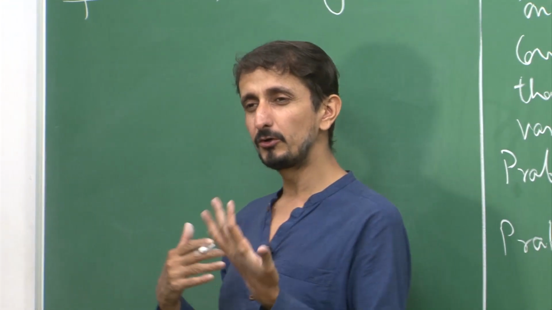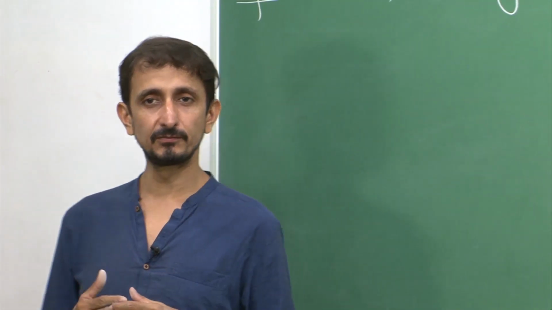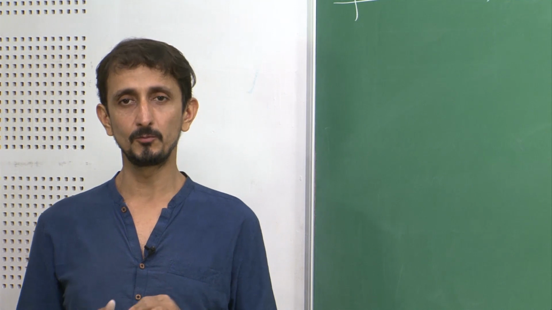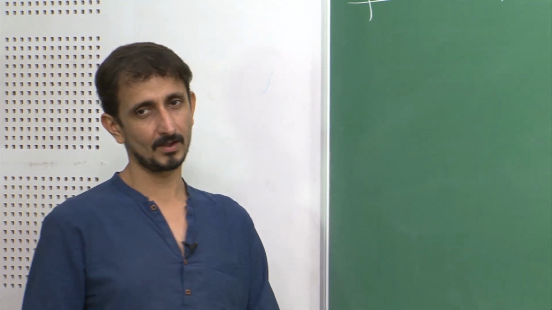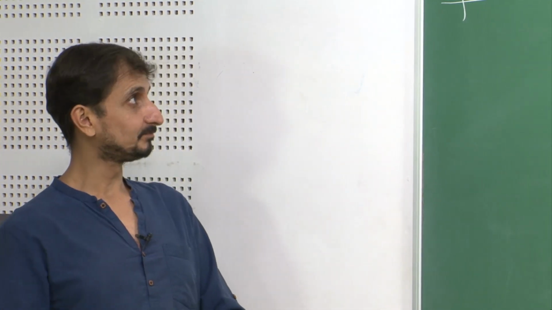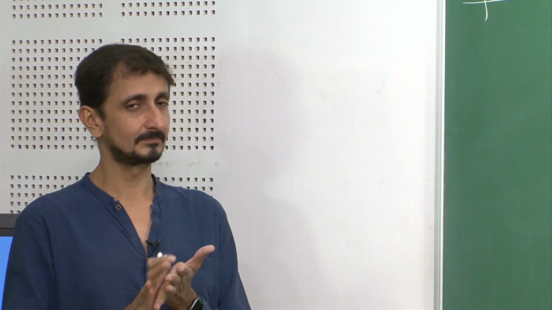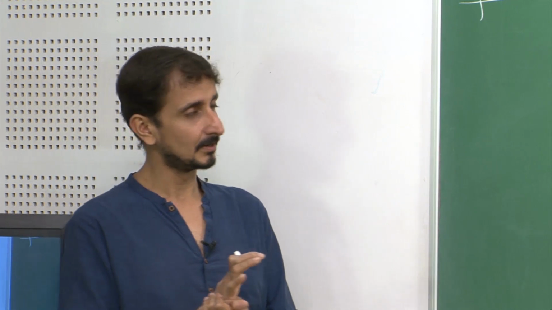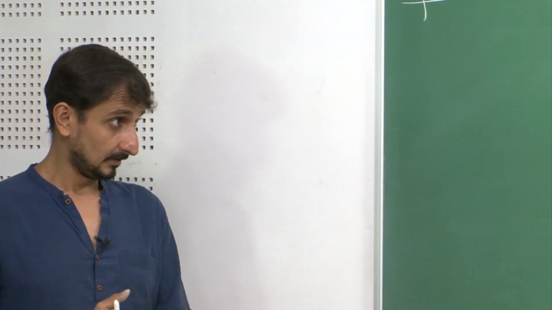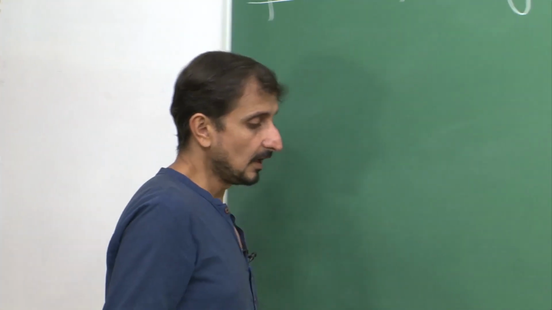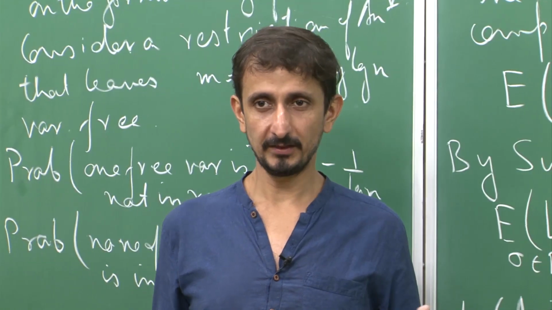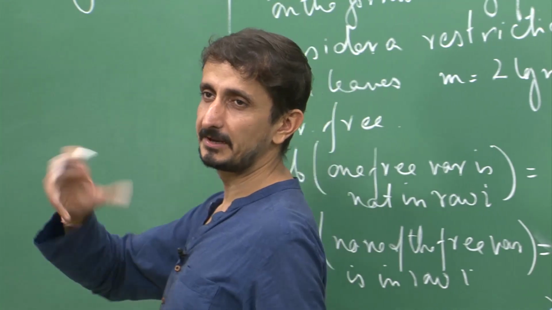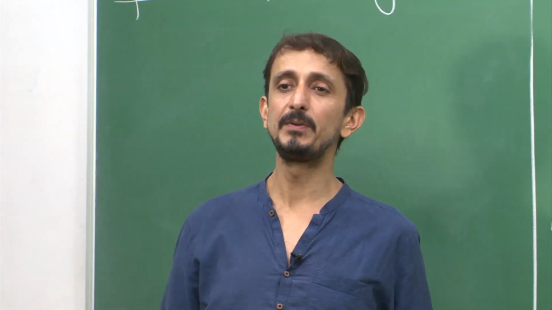What do you think would be the definition for a formula to be monotone? Okay, let me tell you. A formula is monotone if it does not have any NOT gates. Once I have a 1, there is no way to flip it back to a 0.